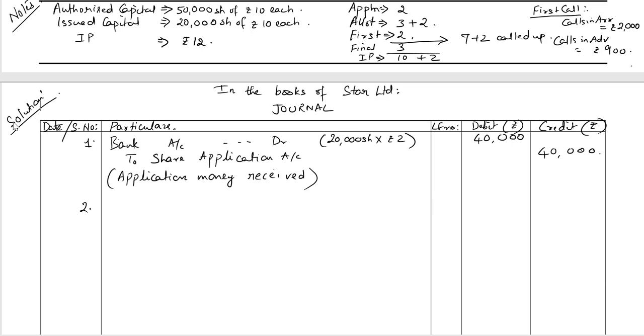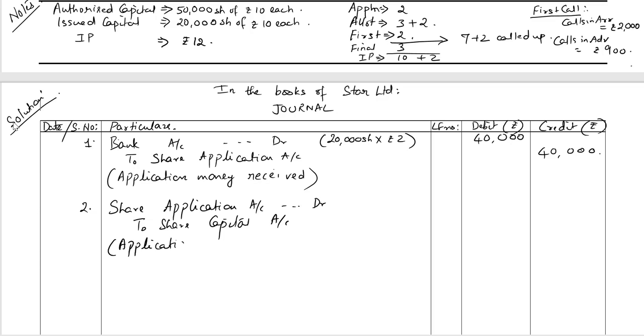The second journal entry at the time of allotment of shares, share application account debit to share capital account for application money transferred to share capital account.